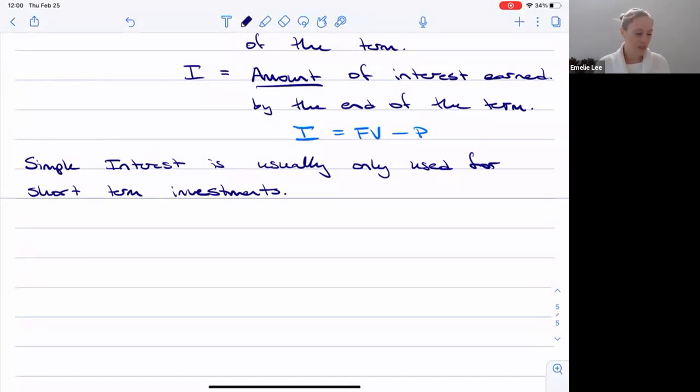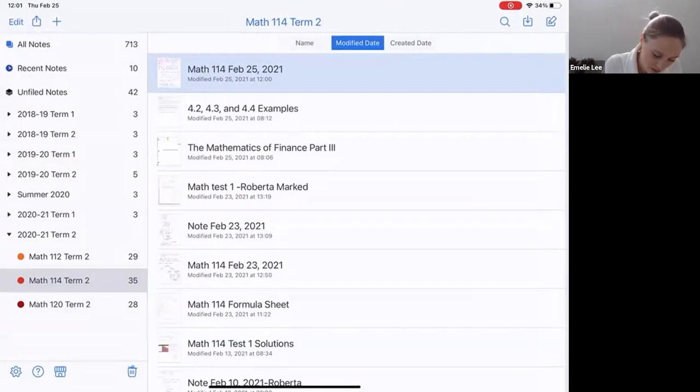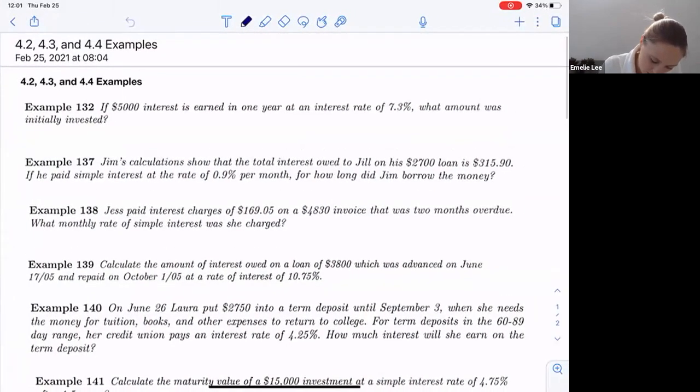The key is going to be, just like before, we need to tease out the information that we've been given and pick a formula. Now we only really have 2 to choose from. We plug it in, solve for our values, and then we're done.